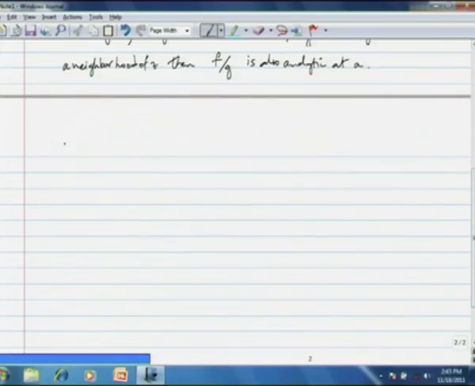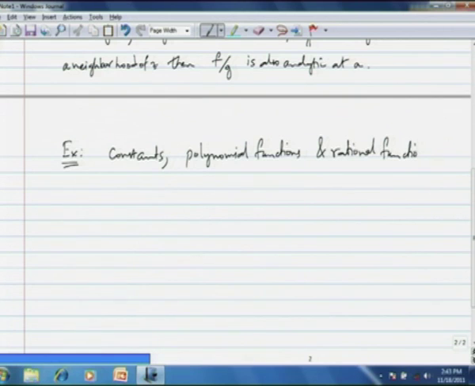So, what are some examples? Well, we already know many examples of analytic functions. The three classes of functions we saw very early on, the constants, polynomial functions, and rational functions, are all analytic at every point in their domain.